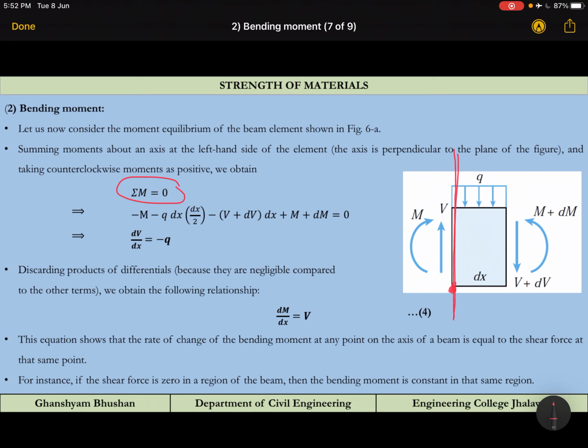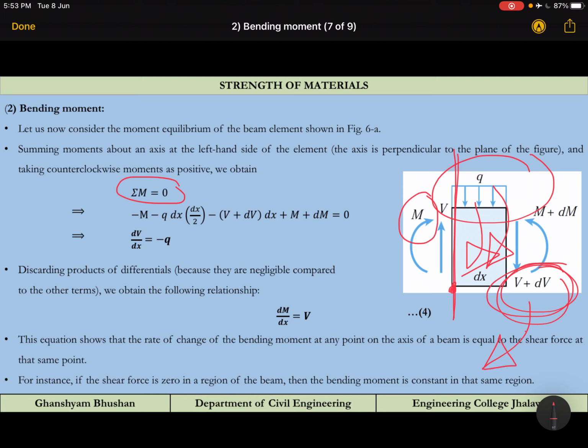So minus M, this is minus M because it is clockwise, minus q into dx into dx by 2, and minus V plus dV into dx. So this is also clockwise, so this is minus. q will give a clockwise moment, so this will be minus. This V plus dV will also give a clockwise moment, so this is minus. But this M plus dM will give you a positive anti-clockwise moment. So here you can see this is positive.